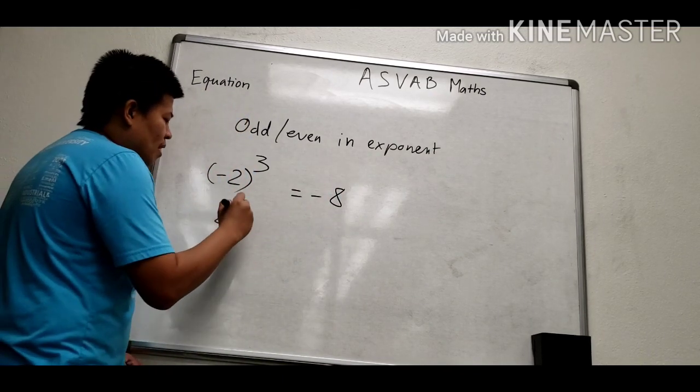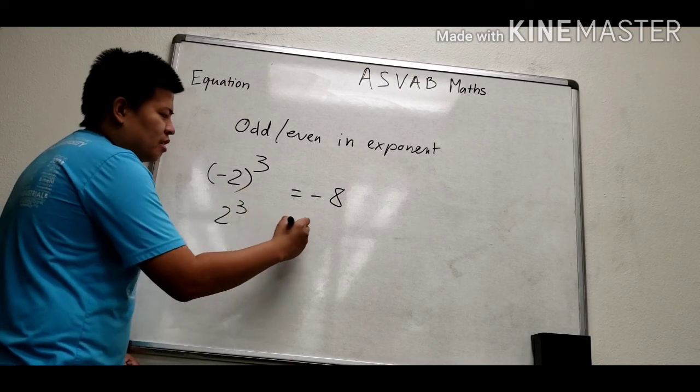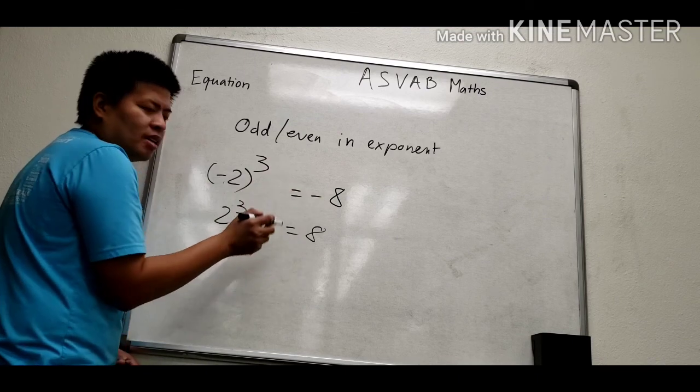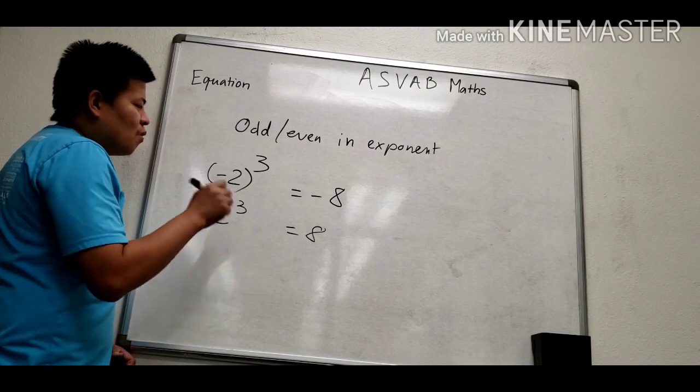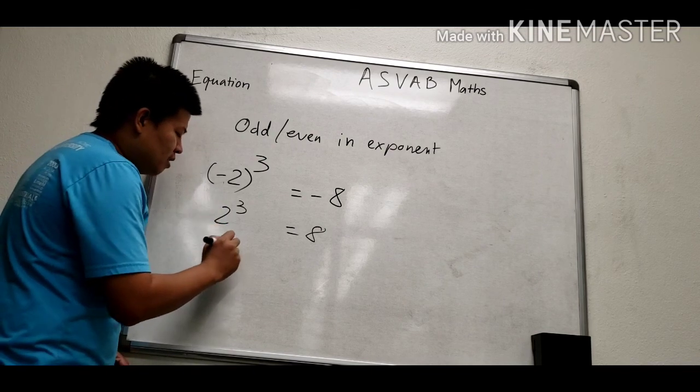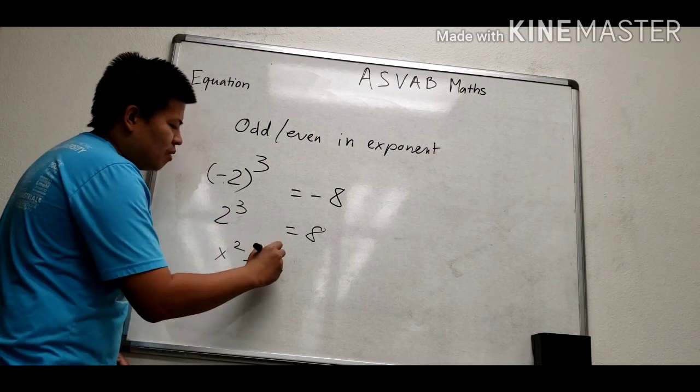But 2 power 3 is still 8, and if we have the minus 2 in here, that's still the negative number.